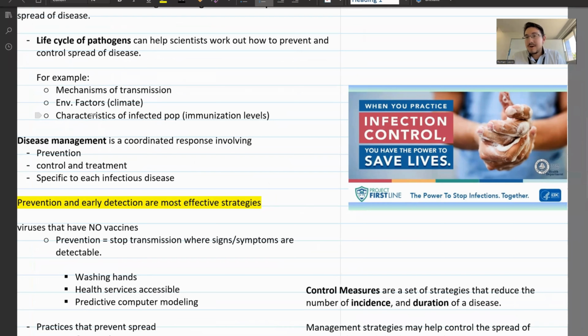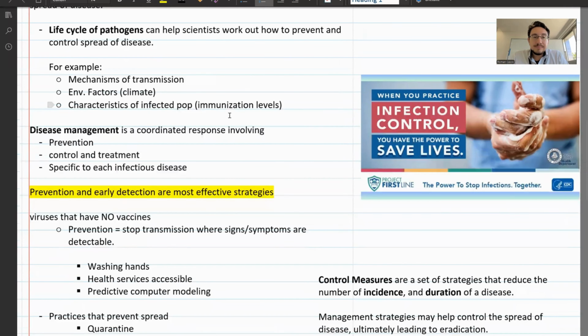Any influence of environmental factors that are helping enhance the spread of disease, and the characteristics of the infected population. Those infected individuals, how are their levels of immunity? Things like that.